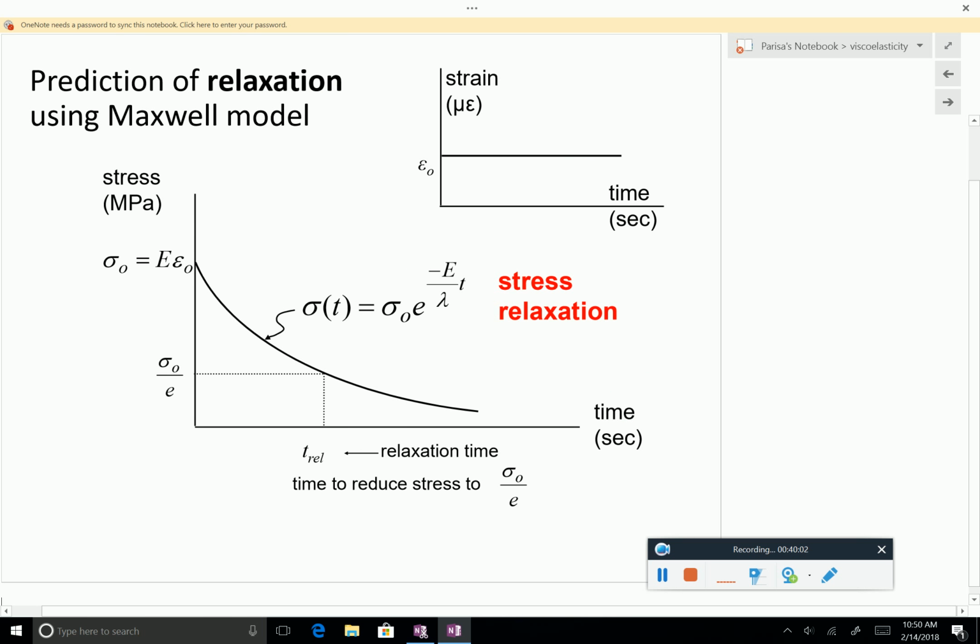It looks like that if you plot it. It starts from sigma 0, E epsilon 0. It's an exponentially decaying function. Sigma 0 E, this is what I derived for you in the previous slide. So it is exponentially decaying.